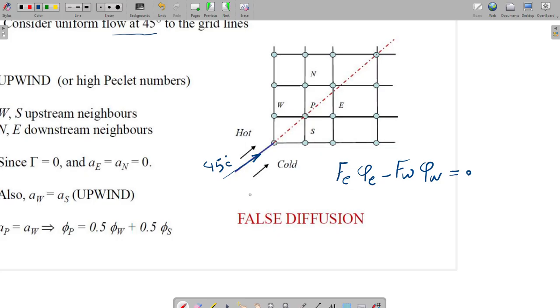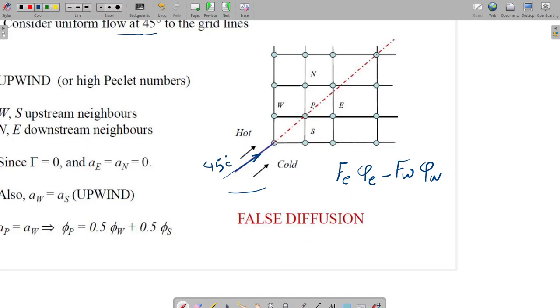In this term the result is not purely one-dimensional. In this case we must discretize the governing equation as a two-dimensional equation.